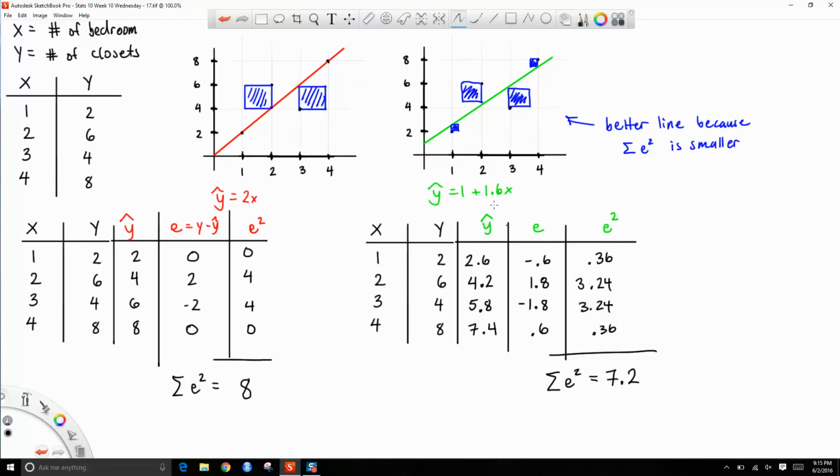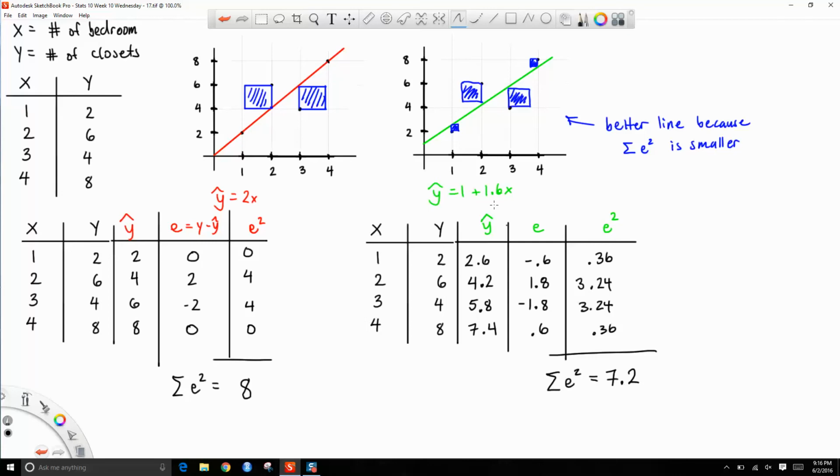But that would be inefficient. And so you can apply calculus to the problem, and you don't have to worry about this, but this is basically what other people have done, is they applied calculus to the problem.